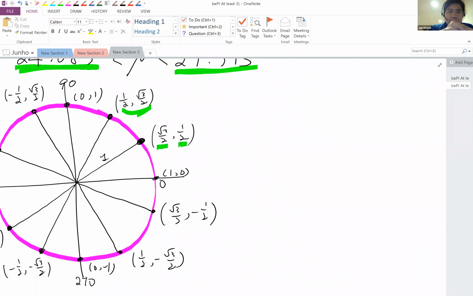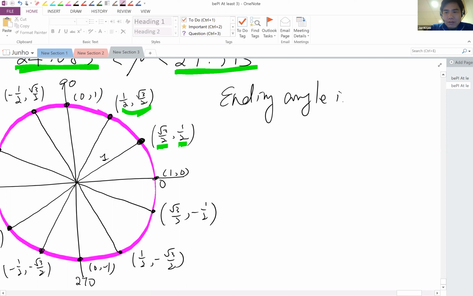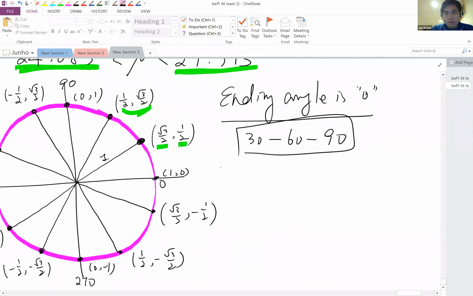We also know one more fact, the ending angle is 0. Then you are looking at the 30, 60, 90 unit circle, right?